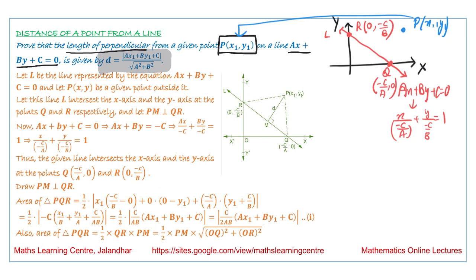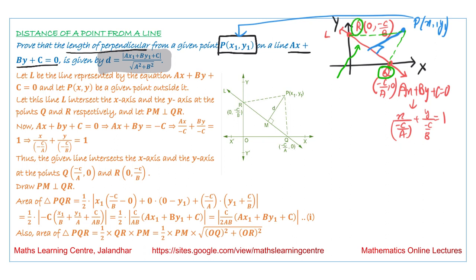So what we are going to do is draw a perpendicular on this line from the point P. We have drawn a perpendicular on this line. Now we join the points P and Q, and we calculate the length of the side QR.